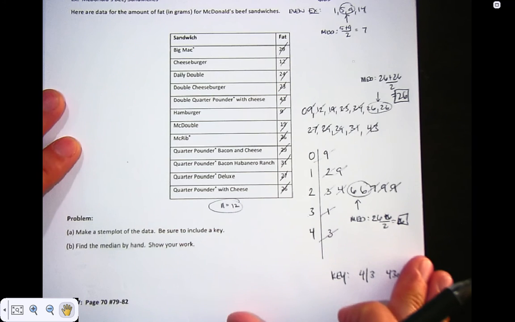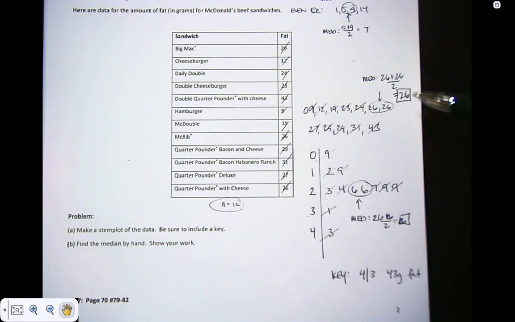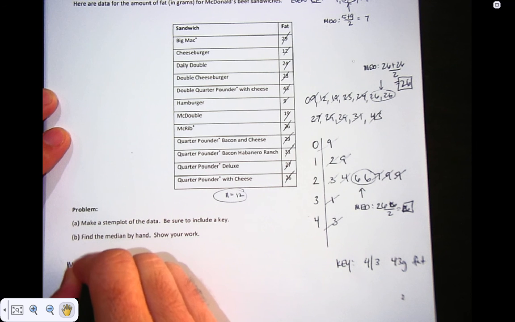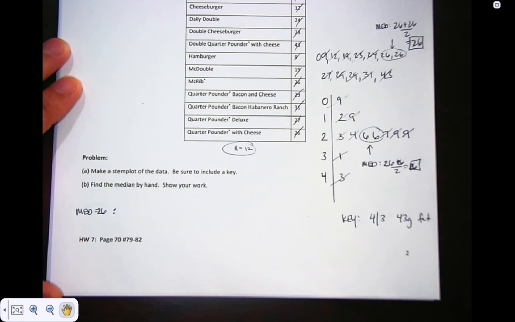And just to talk about it, I haven't given you the formal definition yet, but what does a median of 26 mean? So if your median is equal to 26, this is the statement.